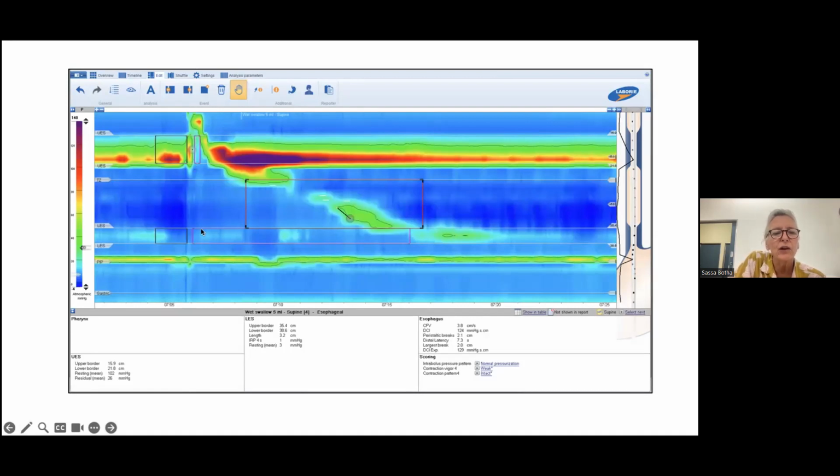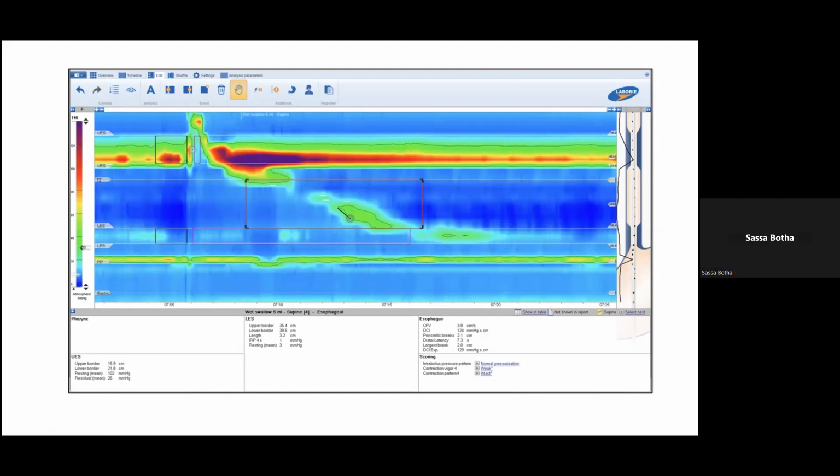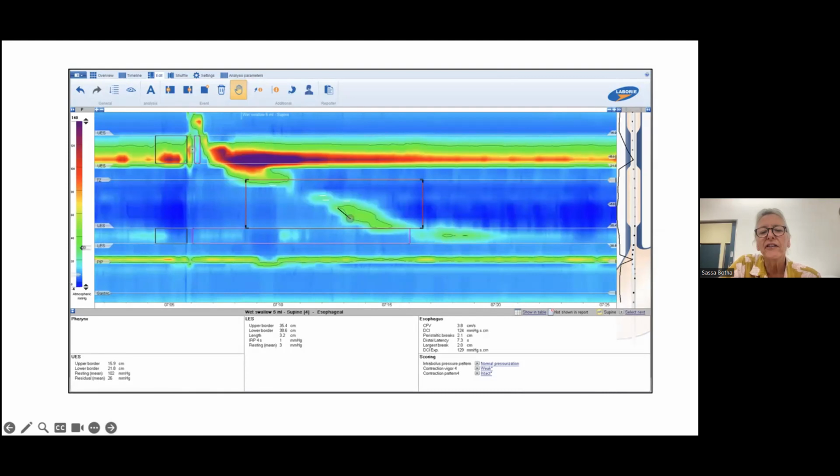As soon as you swallow, what should happen to the lower esophageal sphincter? It should relax. That's right. And after a relaxation, you always get a contraction. So what is that? The contraction after relaxation. I'm not sure. That's right. Yes, it's the contraction after relaxation, after the peristaltic contraction.